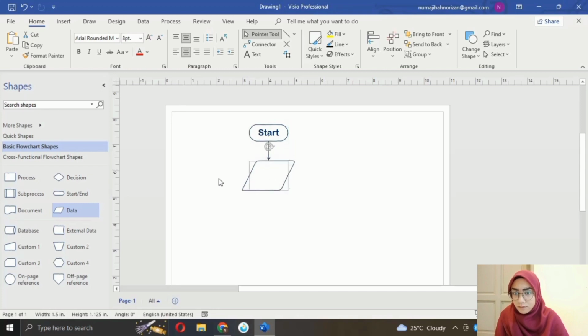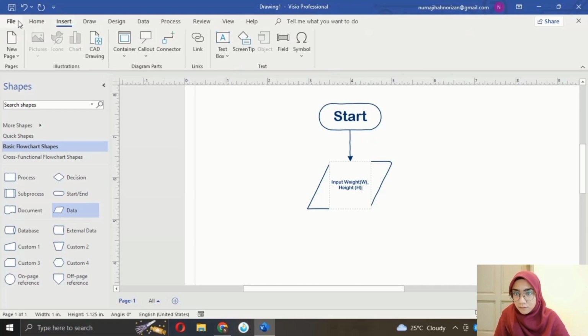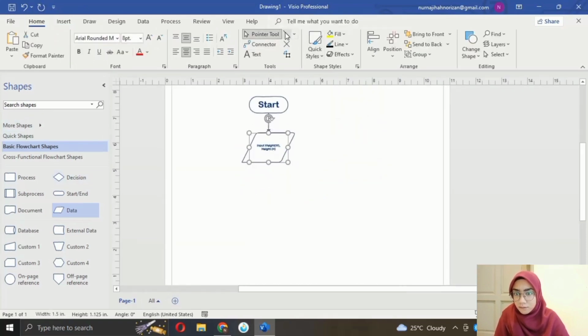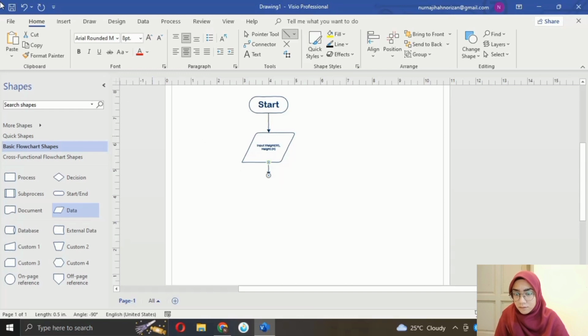The name of this symbol is decision. The explanation inside this symbol is input weight and height. Next, we follow with another arrow to show the flow of the process.